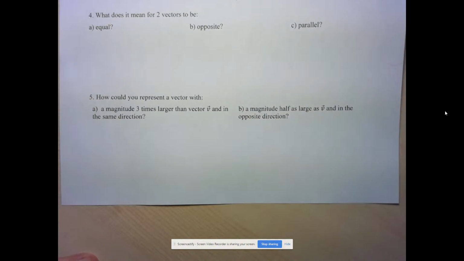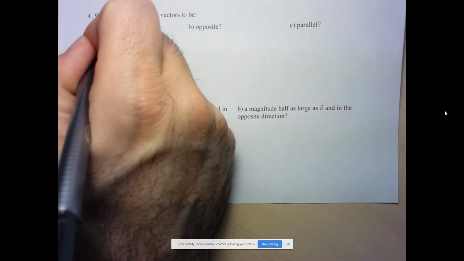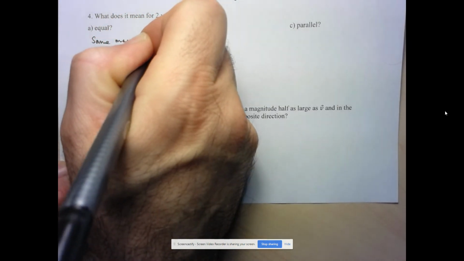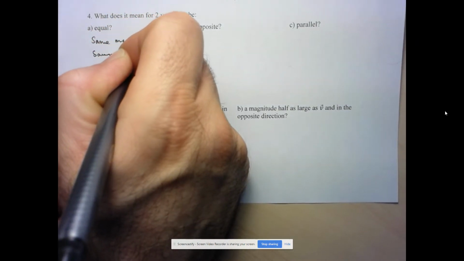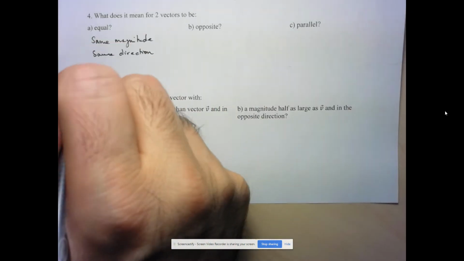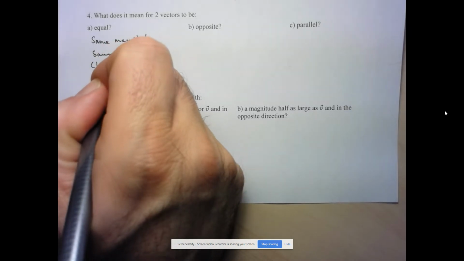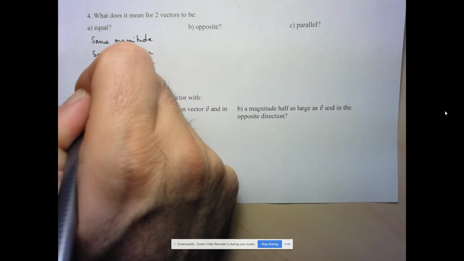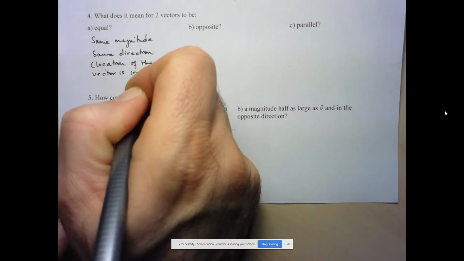Okay, so what does it mean for two vectors to be equal? They have to have the same magnitude, and they have to have the same direction. All right, so this is where it's a good idea to remind ourselves that the location of the vector is irrelevant.